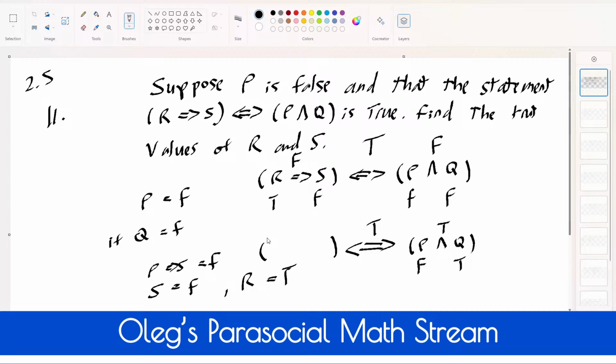Hold on. No, I'm not doing this right. Suppose if P is false, then the statement is true. So this is true. Okay, P or Q. Right.